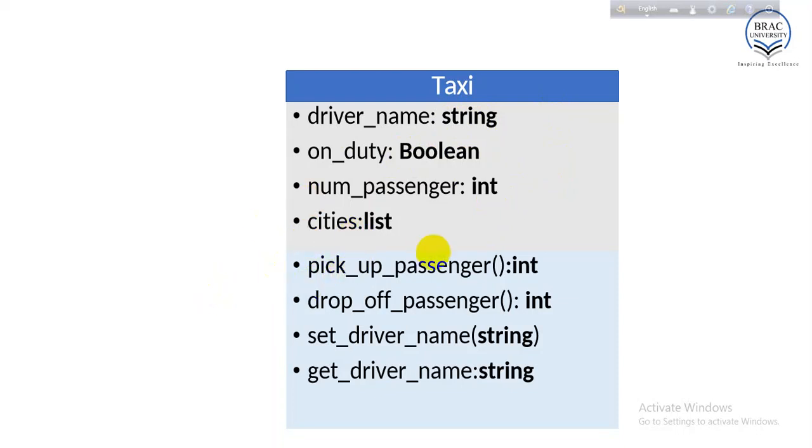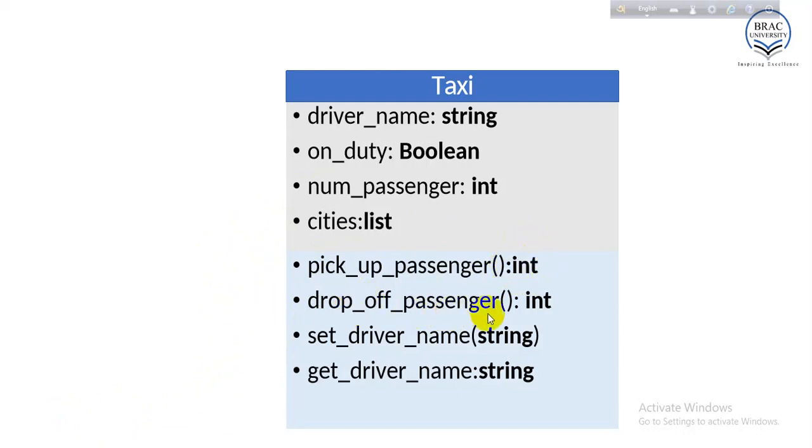And the methods here are pick up passenger. This will return an integer because it will add 1 to the number of passengers.